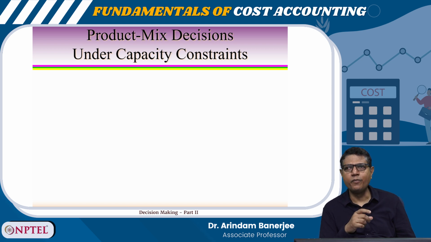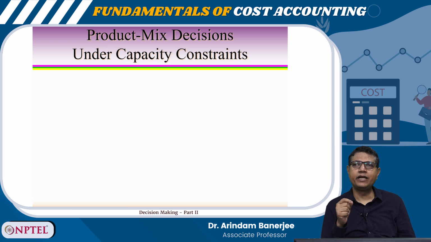A particular raw material required for production is in short supply, not available in abundance. In such a case, I need to see which product is giving me maximum contribution per unit of limiting factor. That should get my first priority, so I can rank the products on that basis.